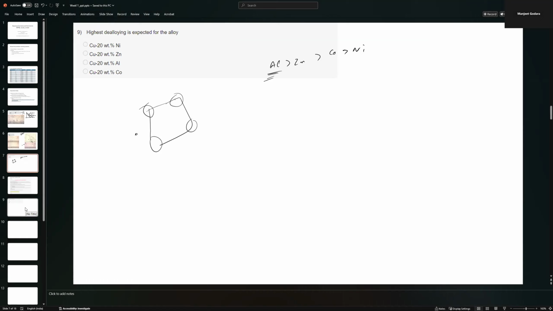Someone is typing in the chat, for the text transcript.